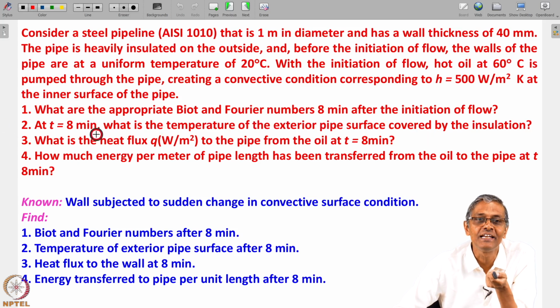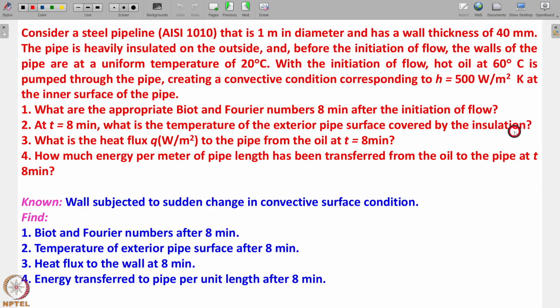At the 8th minute, what is the temperature at the exterior pipe surface covered by the insulation, that is at x equal to L? What is the heat flux to the pipe from the oil at the 8th minute, and how much energy per meter of pipe length has been transferred from the oil to the pipe at the 8th minute?